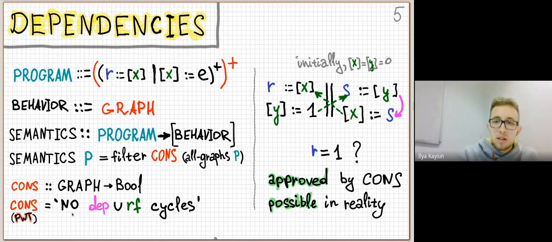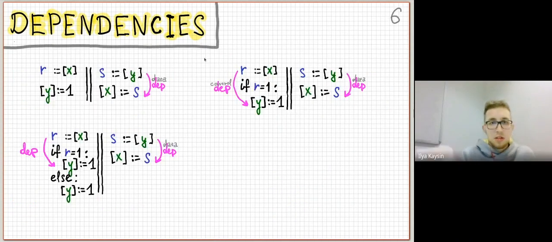But the question is, how do we define these dependencies? It turns out that defining dependencies is a tricky task. The dependencies that I just showed you are called data dependencies, but there are other types of dependencies, for example, control dependencies, that are related to the control flow of the program.